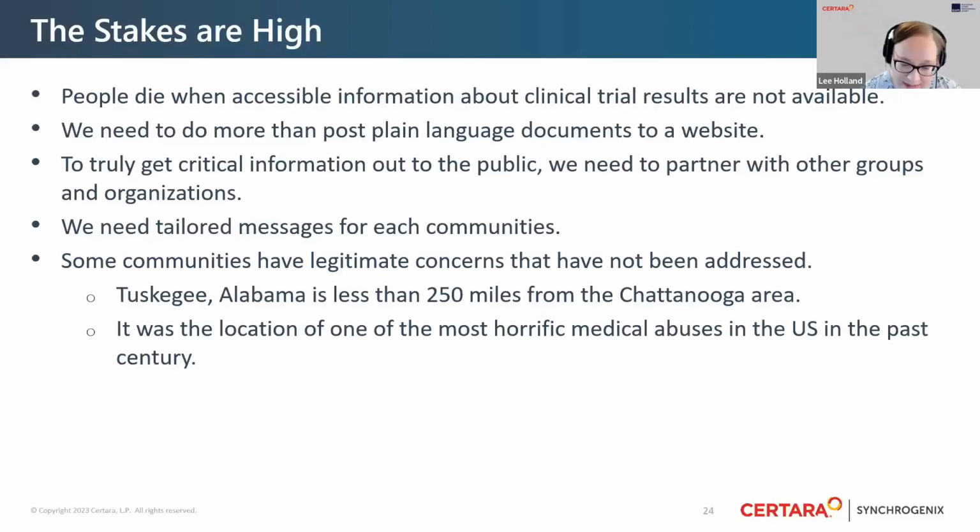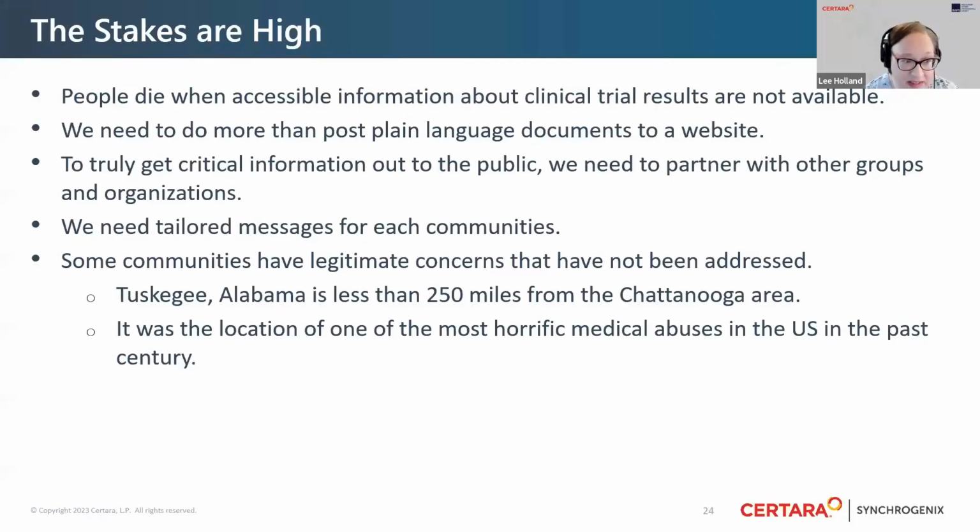If we really want to get really important clinical information out about the results of clinical trials and the treatments that are being created and get the public to accept them, we need to partner with other groups and organizations. And we also need tailored messages for each community or for different communities.